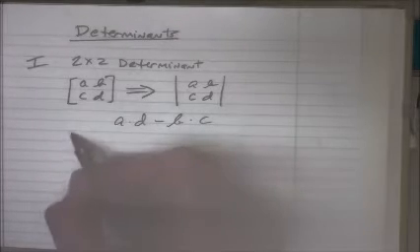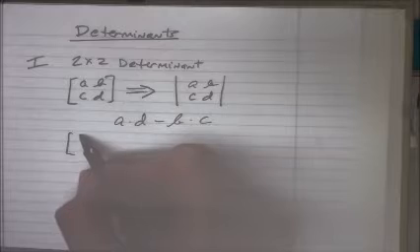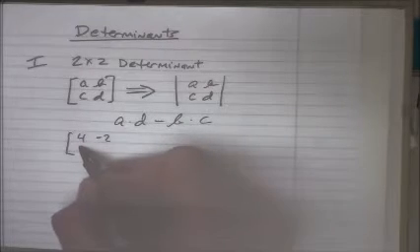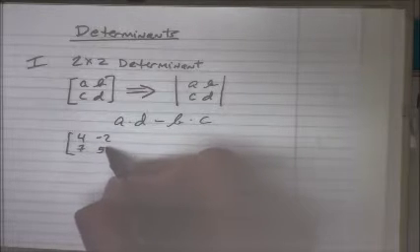So let's look at an example, say 4, -2, 7, 5.